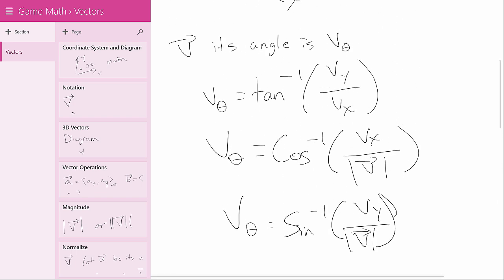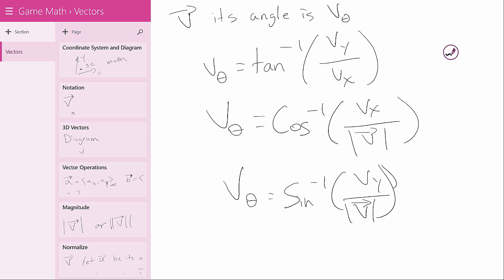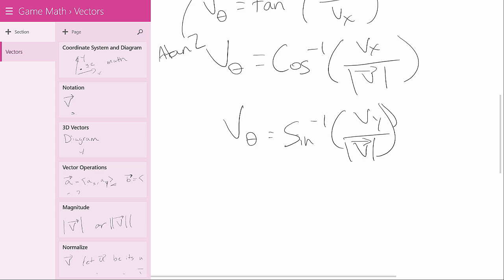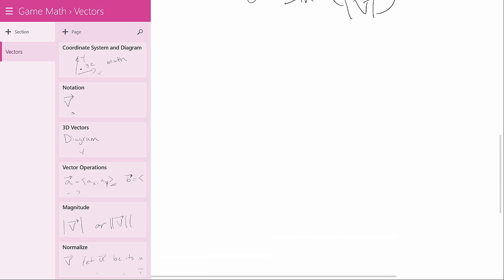So depending on what you know, usually you'll use atan2 in your programming language, or API, depending on what you're using.